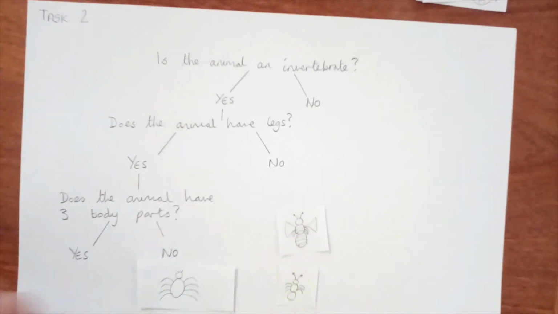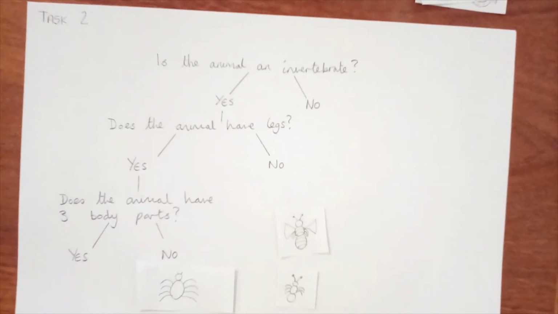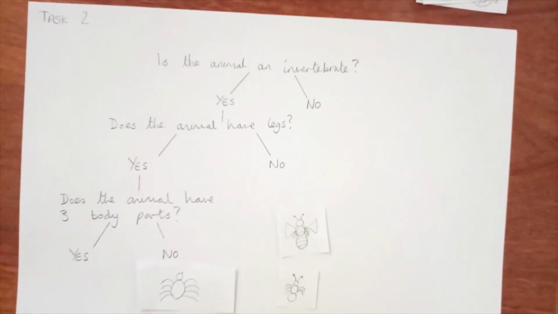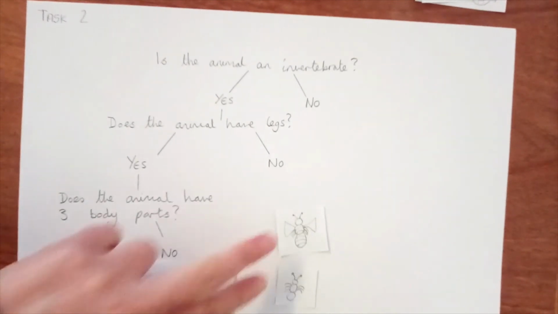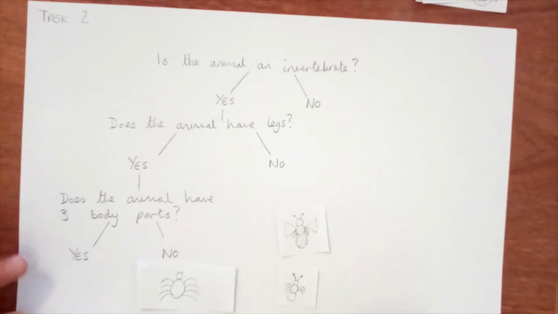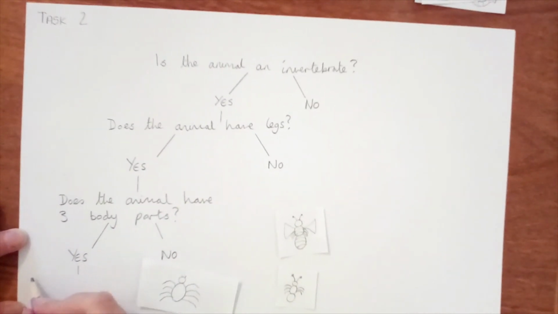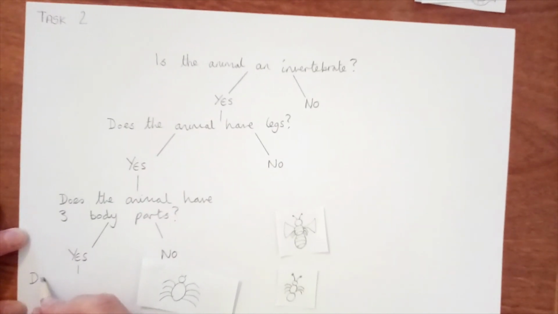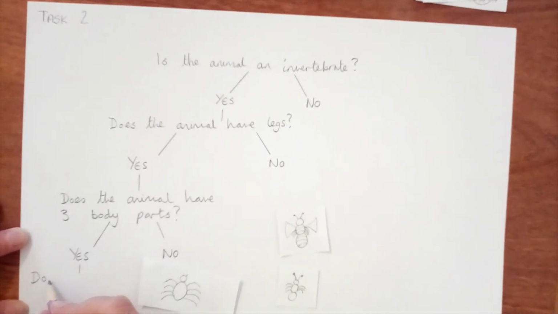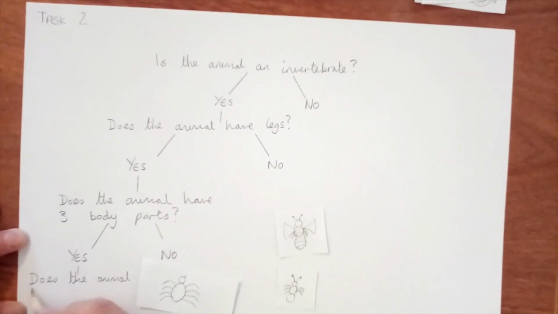On the yes side, because I've still got 2 animals left, I need to ask one more question to try and differentiate between these 2 animals. So I think I'm going to ask one more question. Does the animal have wings?